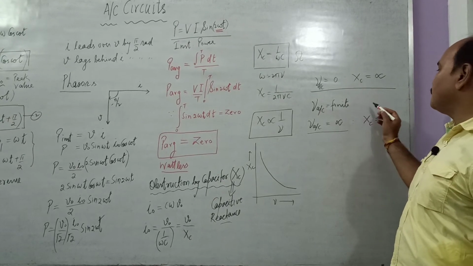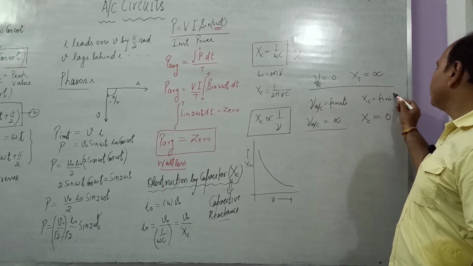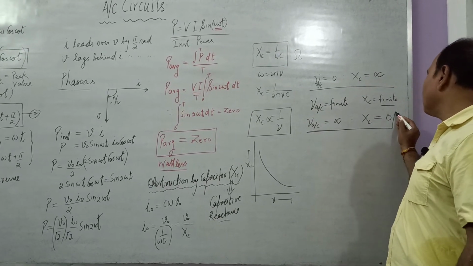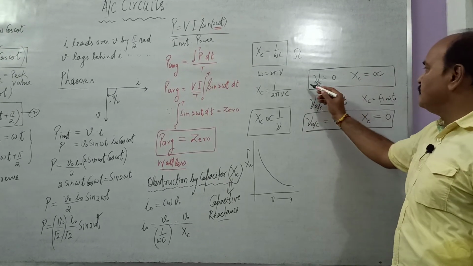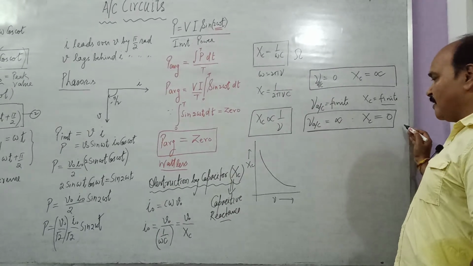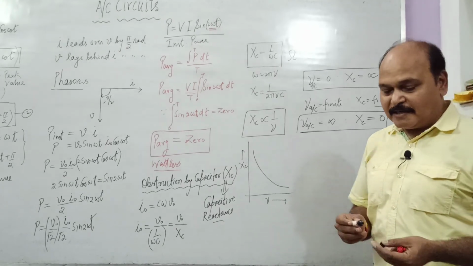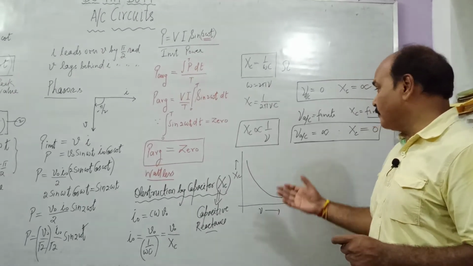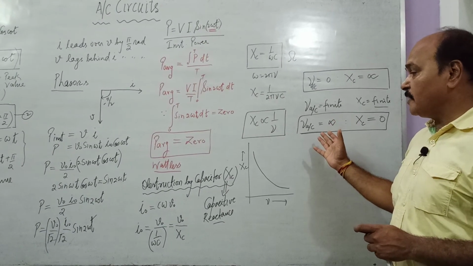And if the frequency is finite, then the obstruction is going to be finite. So we can straightaway say that DC cannot flow through capacitor, AC can flow through capacitor, because the obstruction offered to alternating current is zero when the frequency is very high. This result is very, very important.